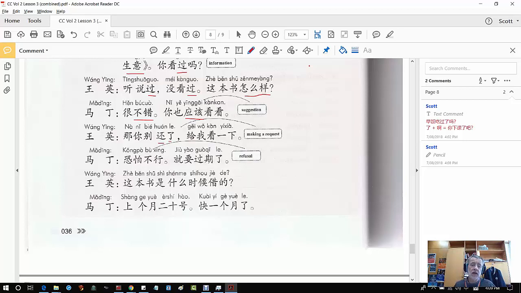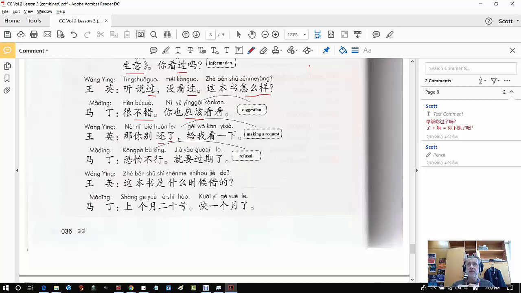And then we've got our 了. And I think you guys can probably see this as clear as day. He was going to return it. He says it's a great read. You should read it. And then she says, okay, well then don't return it anymore. So she's suggesting a change of state or a change of intention. 给我看一下. So it's not literally hand it to me.